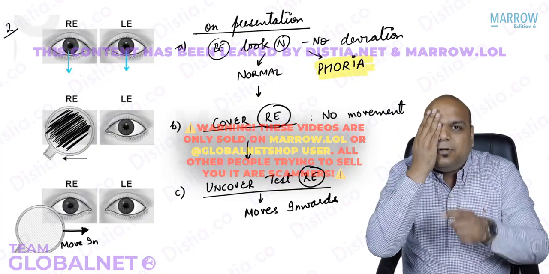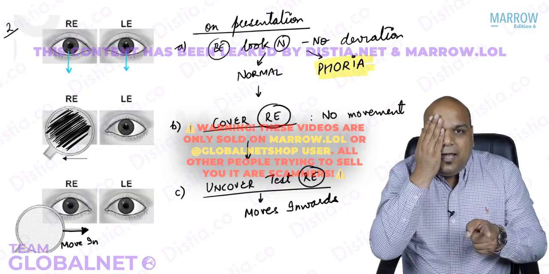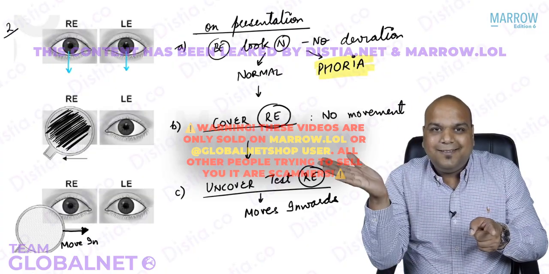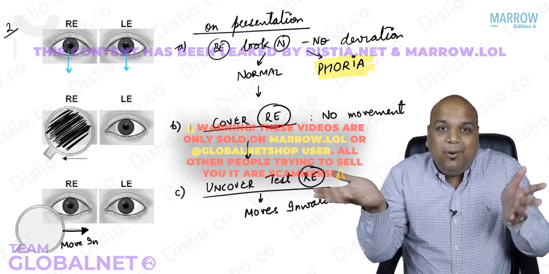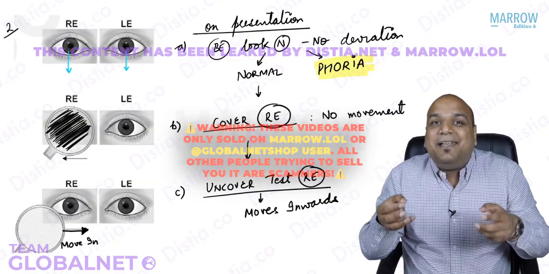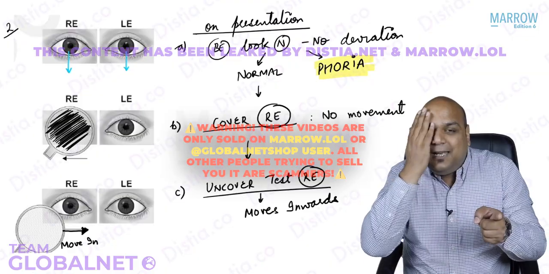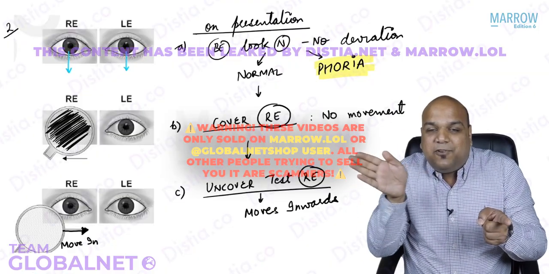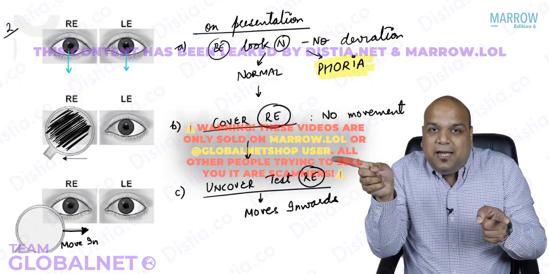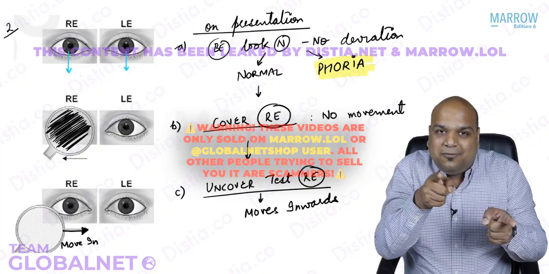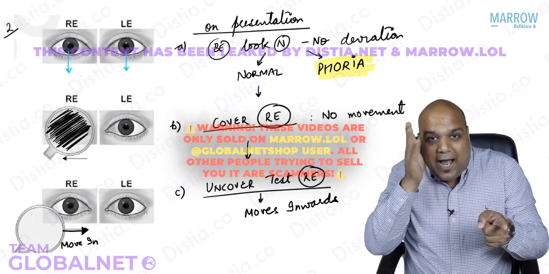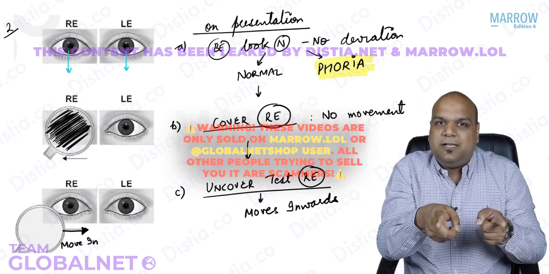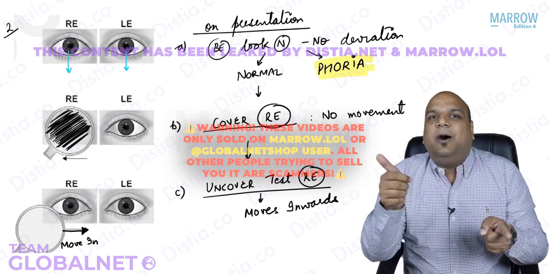But it is not visible to you because your right eye is covered. As soon as you uncovered, the right eye said, oh, now I have to maintain fusion again. So to maintain fusion, the right eye, which was in its comfortable position exo, is making a corrective action inwards. So the eye on uncover is seen to move inwards because it had moved outwards.